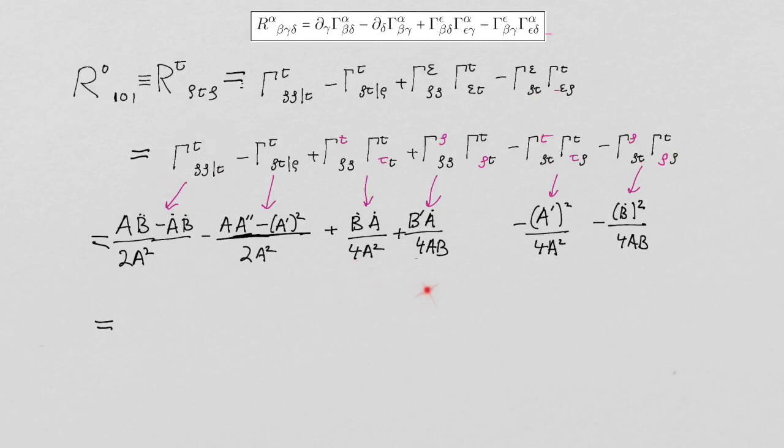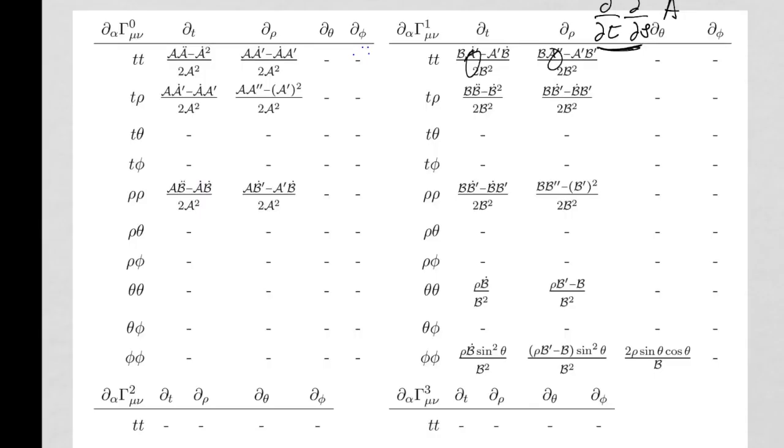So each of these terms I put in here, this first term and the second term clearly come from the table of the derivatives. So for example, this t rho t partial rho would come from the t table, here's rho t partial with rho, so a double prime minus a prime squared over 2a squared.